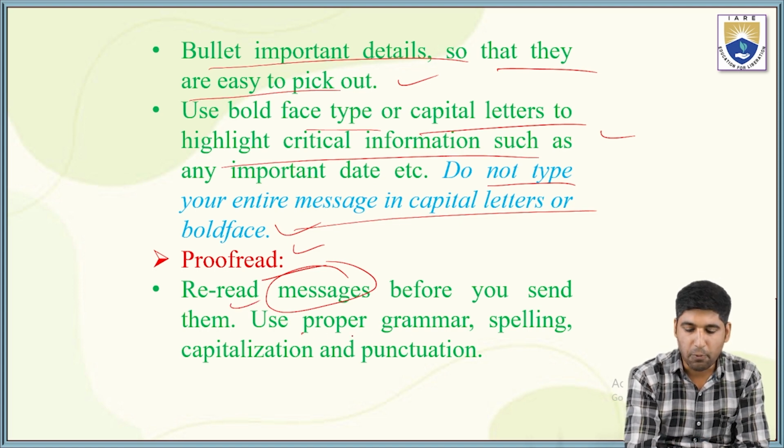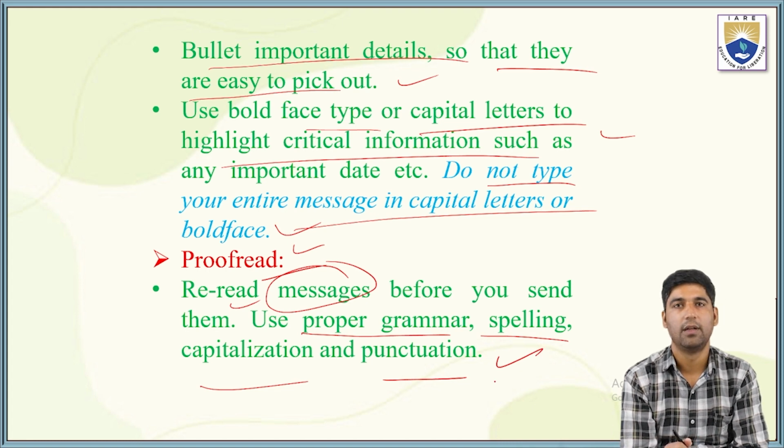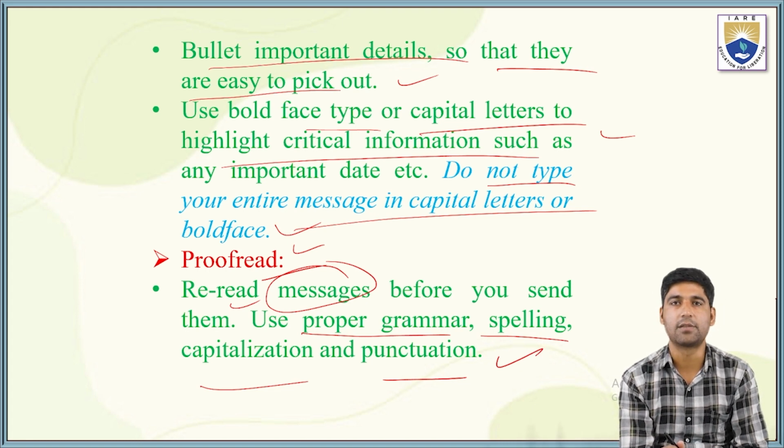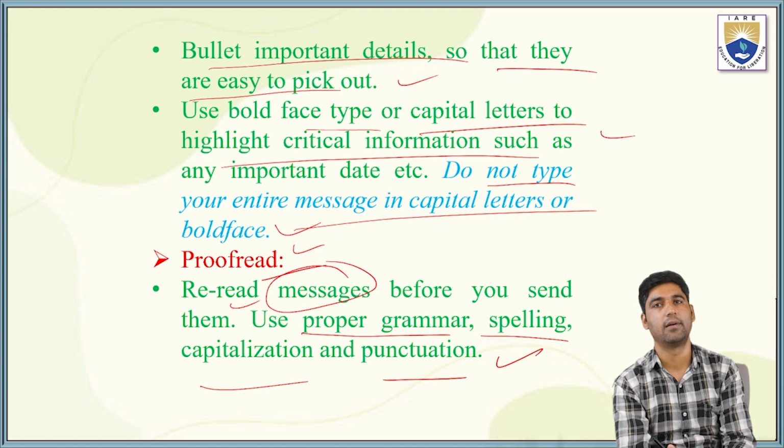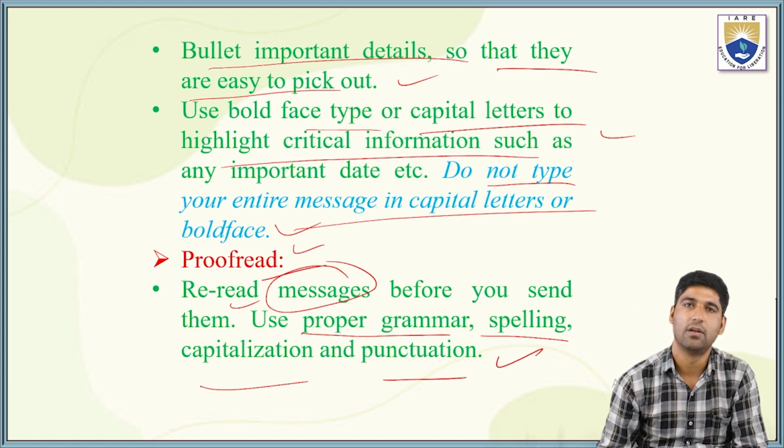And we should use proper grammar, spelling, capitalization, and punctuation. It's mandatory to use proper grammar, proper spelling, proper capitalization, and proper punctuation. Without this, our email is a faulty email.